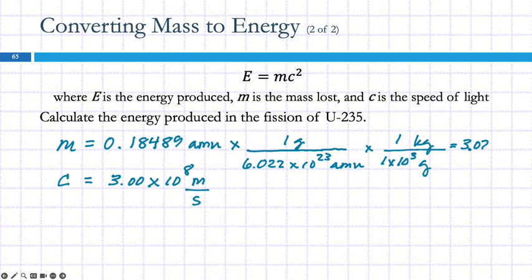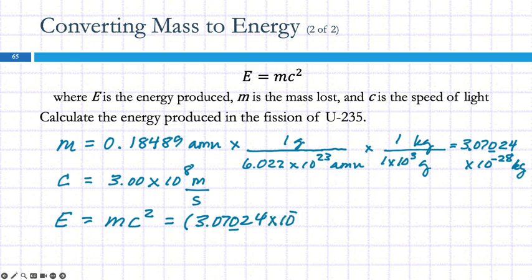That gives 3.07024 times 10 to the minus 28 kilograms. So energy is equal to mass times the speed of light squared. 3.07024 times 10 to the minus 28 kilograms times 3.00 times 10 to the 8th meters per second, squared.